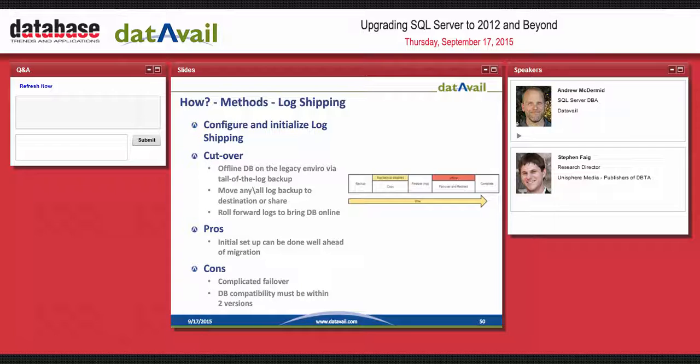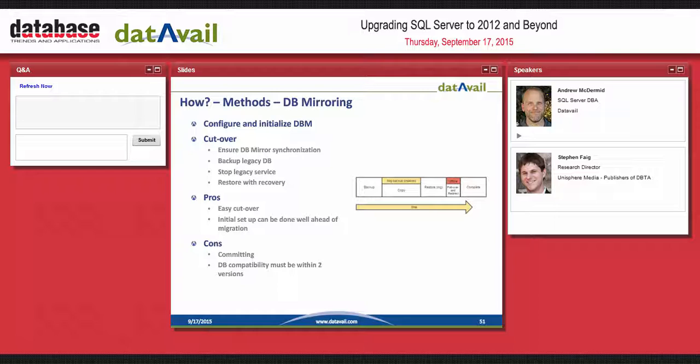The drawback, again, is it has some downtime while you're rolling on those logs and reconfiguring the new server to accept connections. But the good thing here is that this whole thing can be set up well ahead of time, even a couple of weeks ahead of time, and you'll minimize the offline time compared to a backup and restore. One of the cons here, as opposed to the backup and restore method, is the DB compatibility must be within 2 versions.